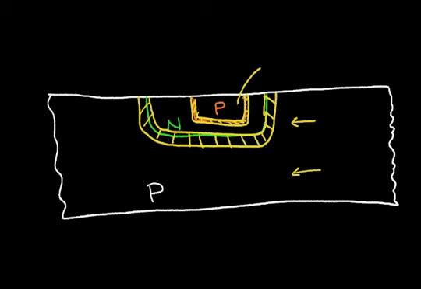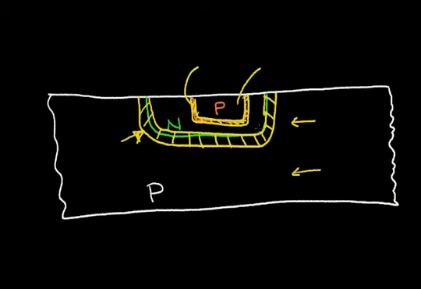So I could just look at this structure and I know that the capacitance per unit area for this depletion region is small. And the capacitance per unit area of this depletion region is higher. So for the same amount of area, I get more capacitance in this upper junction and less capacitance in the lower junction.